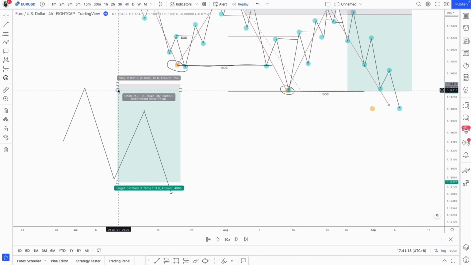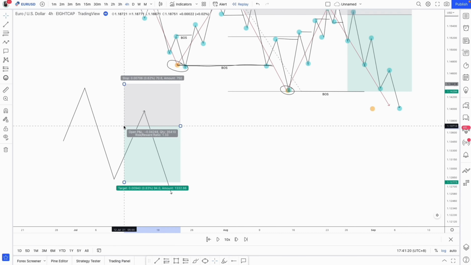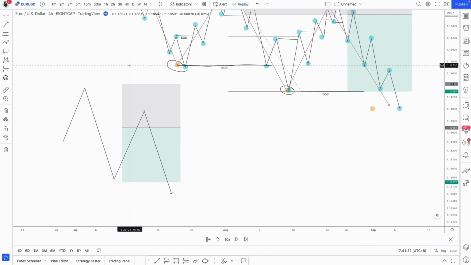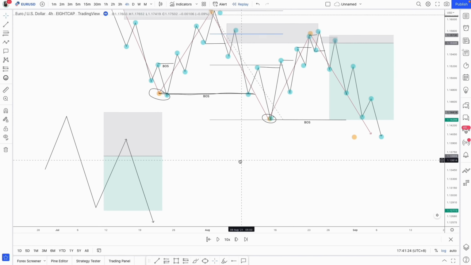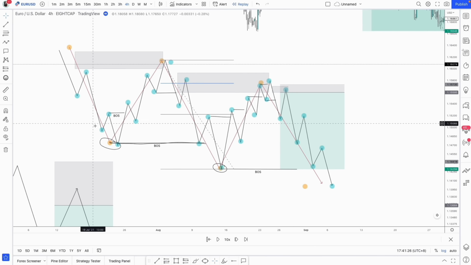And sometimes it might just be too low, 50%, 1-to-1s, right? That's not what we're trying to go for. By understanding the multi-dimensional version of structure, it enables us to get that additional extra confirmation and accuracy with our analysis, which makes our win ratio higher and our risk to reward significantly higher.